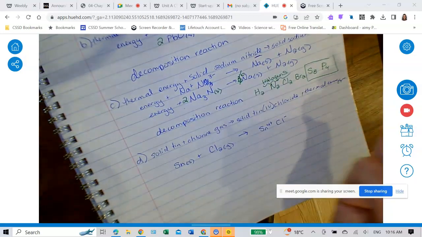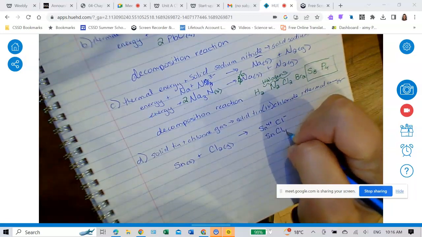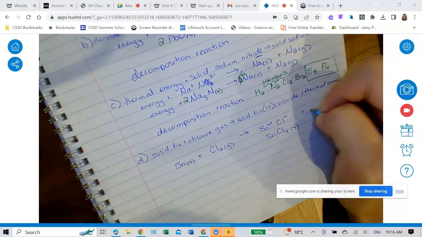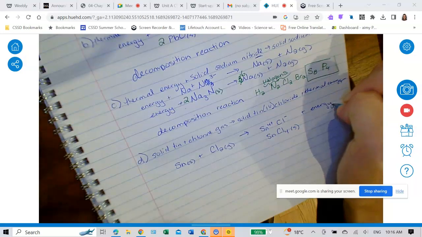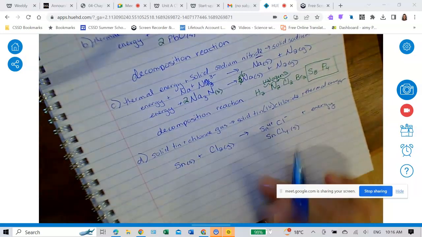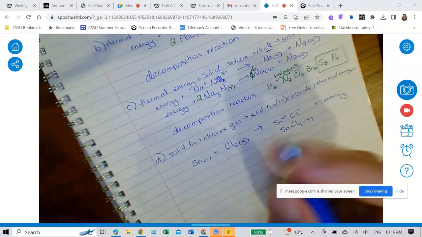I always write the charges just to make sure I don't mess it up, and that's okay to show our work. So in this one we've put 2 things together. So it's just like this top one we did earlier, a formation reaction.